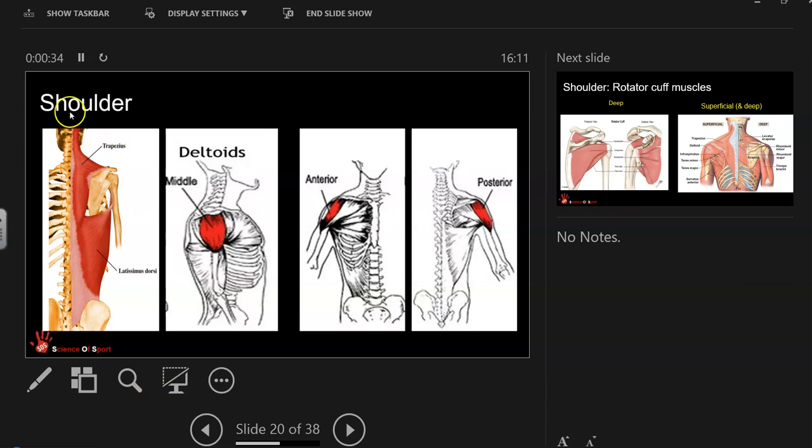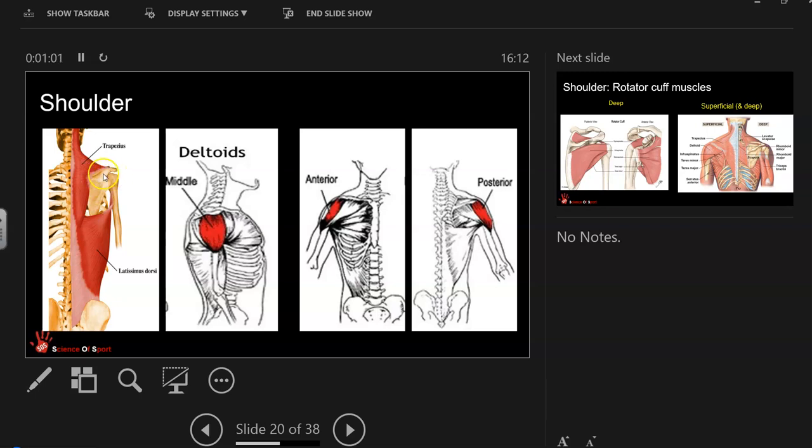We have got trapezius, this kite-shaped muscle, which is mirrored on the other side of the vertebral column. If we do shoulder shrugs, this part of the trapezius will contract to elevate our shoulder. You can see that the fibres of the trapezius go in all sorts of different directions.